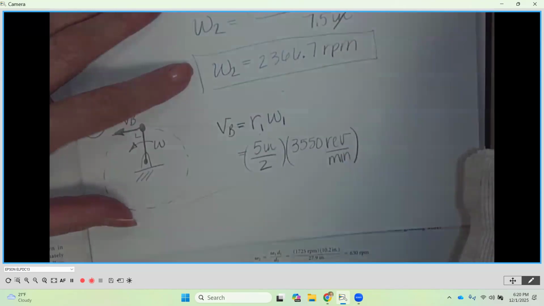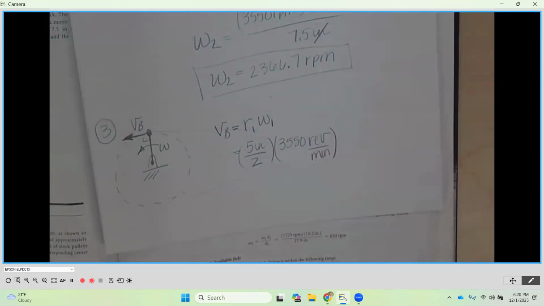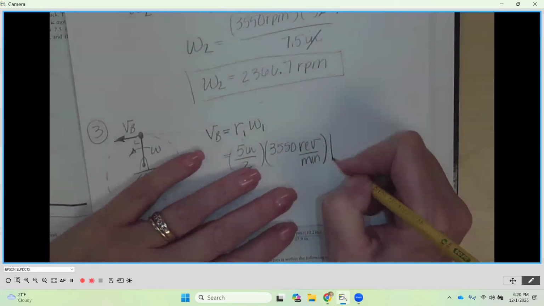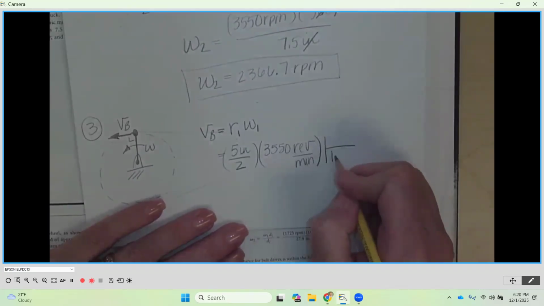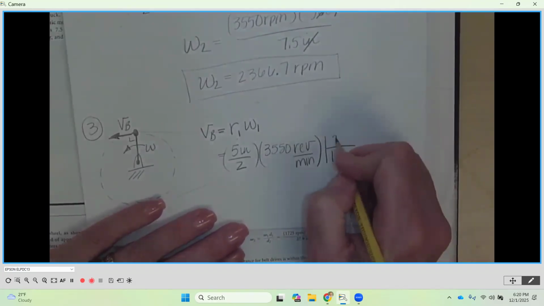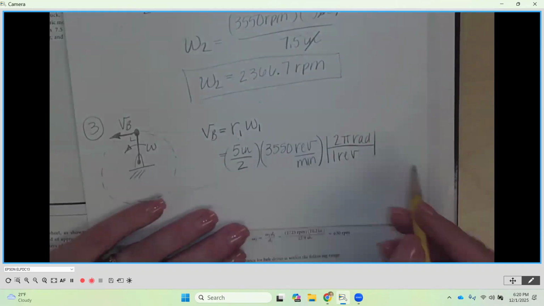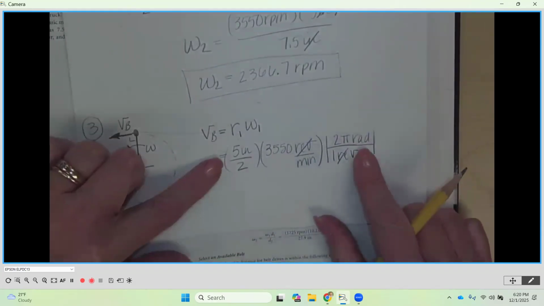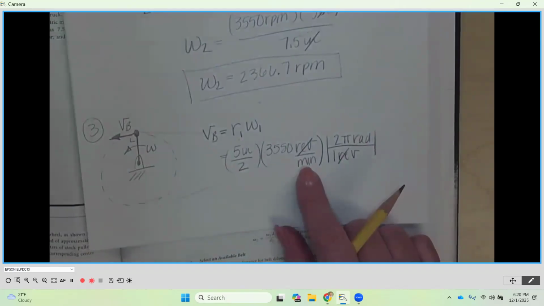Now, I'm going to convert right here. Instead of doing it on the outside and putting that value in, all I'm going to do is do my conversion right here. My revolutions are on top here. I'm going to say 1 revolution is equal to 2 pi radians, okay? So my revolutions cancel, and I'm going to be in inches per minute. Do you see that? What do I want my belt speed in, did I say?